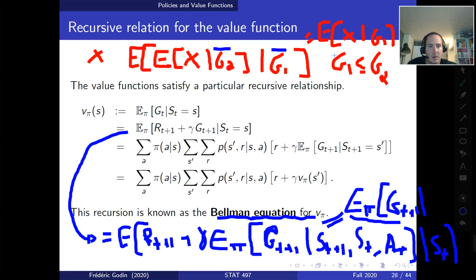Let's call it G bar here, given S_{t+1}. Okay, so we can replace here.